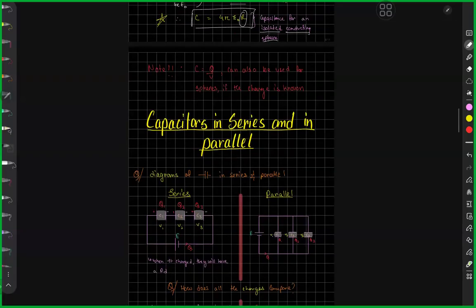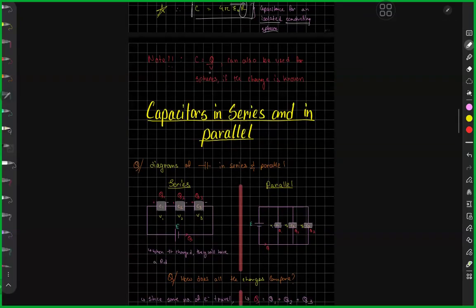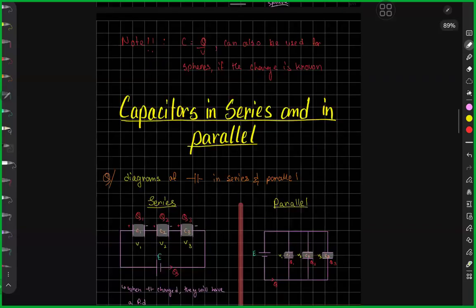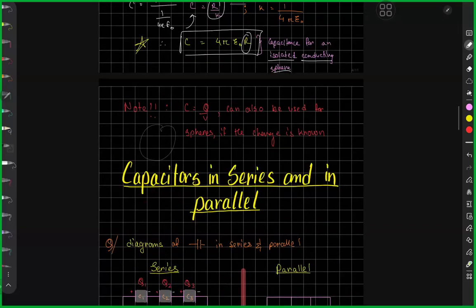Another thing, it's not wrong for you guys to use the C is equal to Q by V formula. That is absolutely not wrong. That is to say, if you know, in a capacitor, granted, this is a spherical conductor, a conducting sphere, and it holds a certain amount of charge. Let's say, okay, 23 microcoulomb.